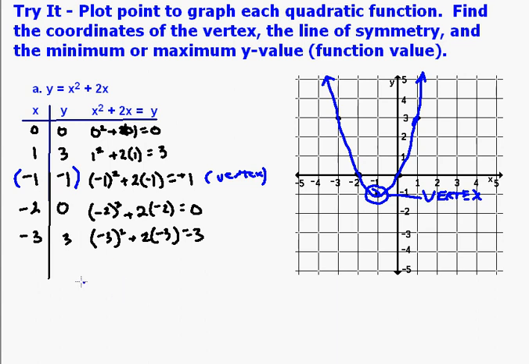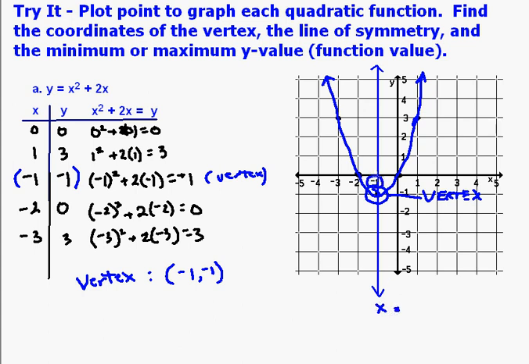So, when they ask you for the vertex, you would give them the ordered pair, negative 1, negative 1. Now remember, as I said in my earlier discussion, the line of symmetry is the vertical line that goes right through the vertex. It always crosses the x-axis, so it's going to be x equals, where's it crossing the x-axis?